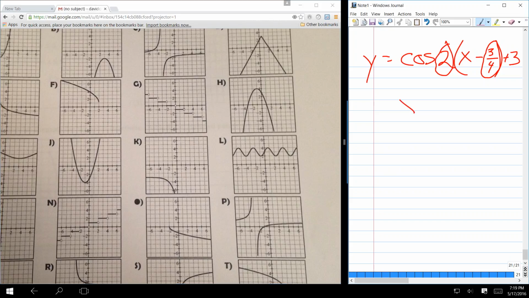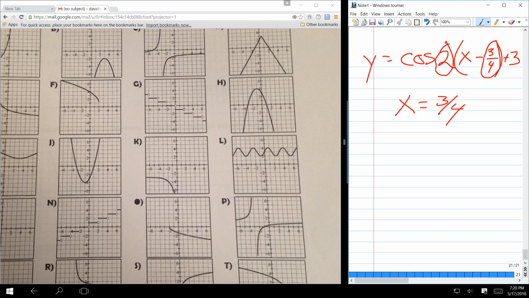When x is equal to 3/4, what is y equal to? So 3/4, so 0, it's equal to 3. No, what's the cosine of 0? Oh, the cosine of 0 is 1.